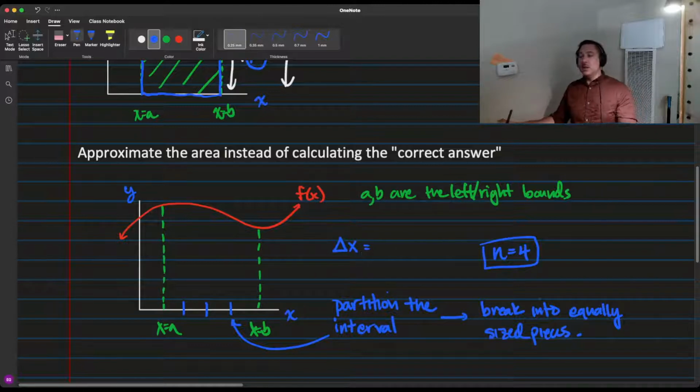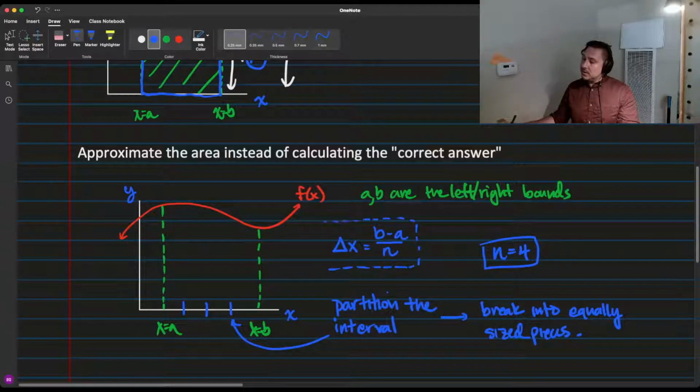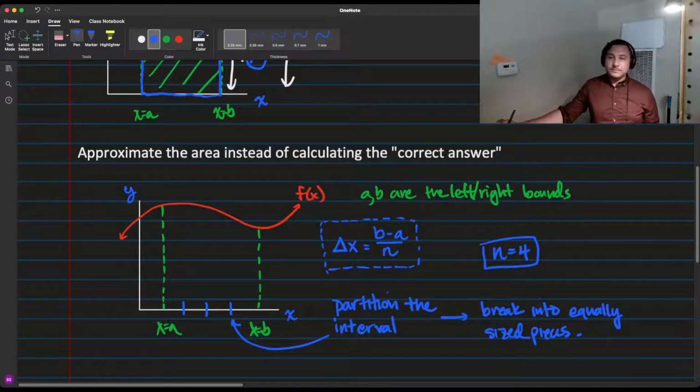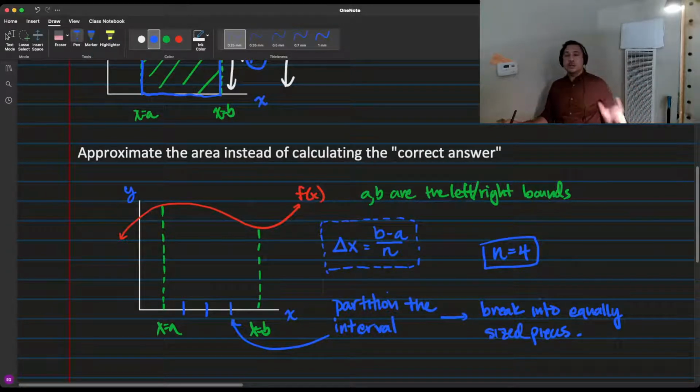Each of those equally sized intervals is going to be the whole interval, which has a width b minus a, divided by n, the number of pieces you're breaking it up into. This is the formula you always use to figure out how wide each of your pieces will be. So you're going to have 4 things, each of length delta x, where delta x is (b minus a) over 4 in this case.